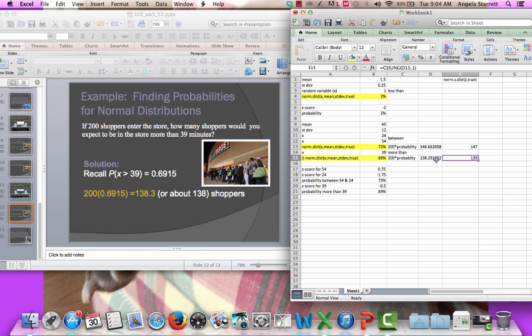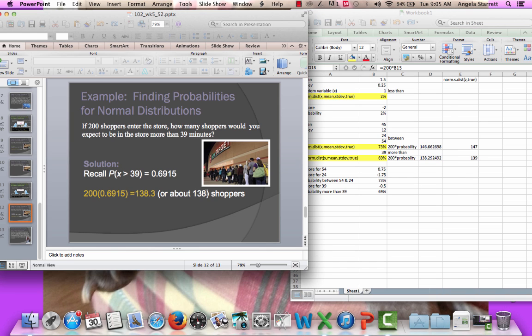If you want to round that down to 138, that's fine, but we typically always round up, okay? That has more to do with money in business. So here 138 or 139 shoppers will spend more than 39 minutes in the store. And I'm just going to go ahead and change this because I firmly believe we round up.